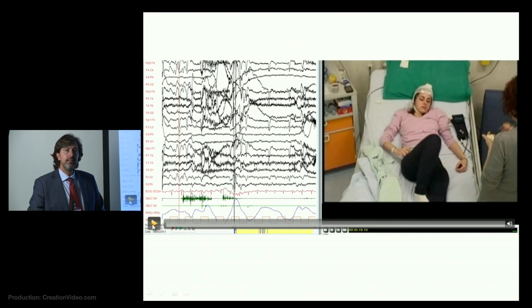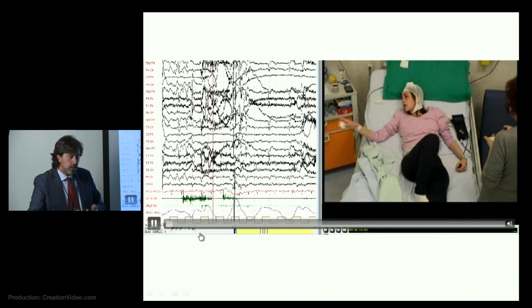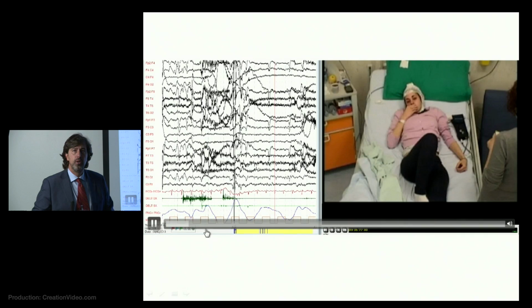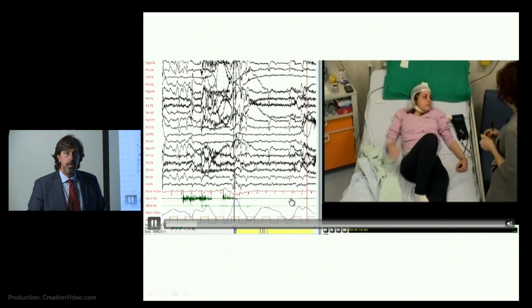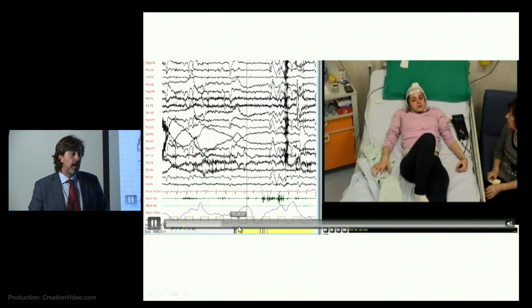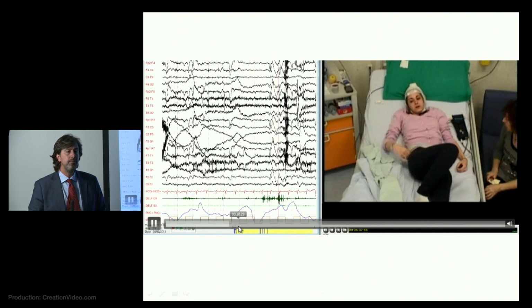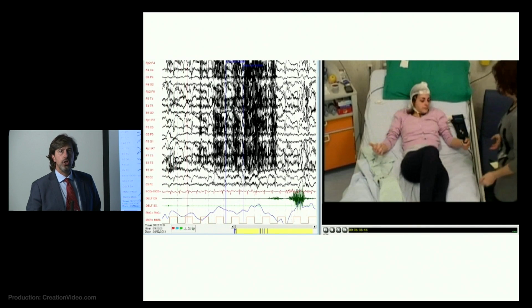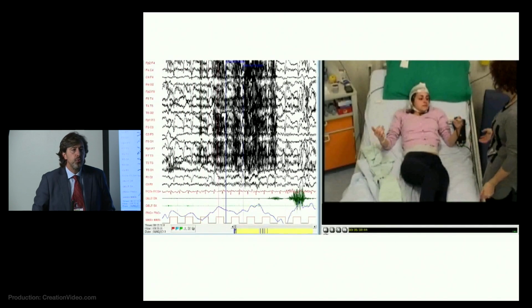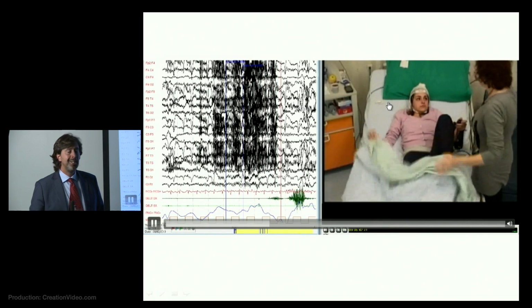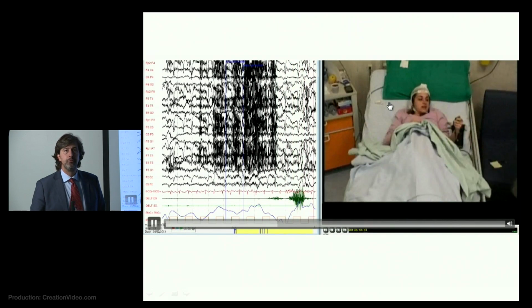Okay, this is the last case that I'm going to present to you, and she is 21 years old at this stage. She is having her typical seizure, which is associated also with some type of anxious condition. She is absolutely worried about the situation, and she has a fearful expression.